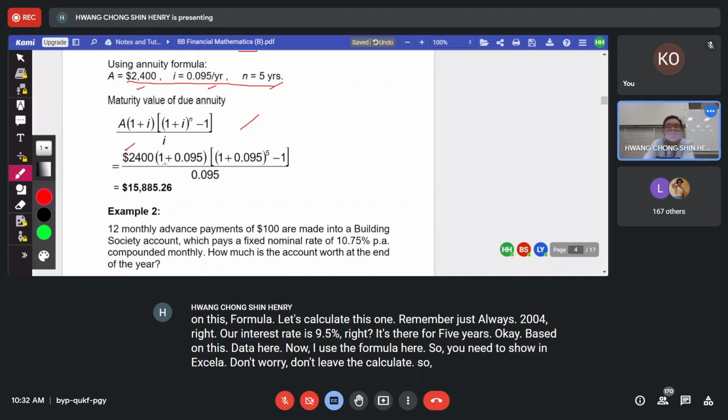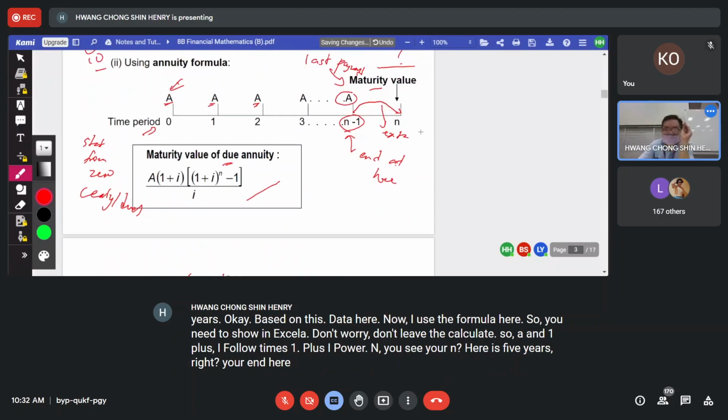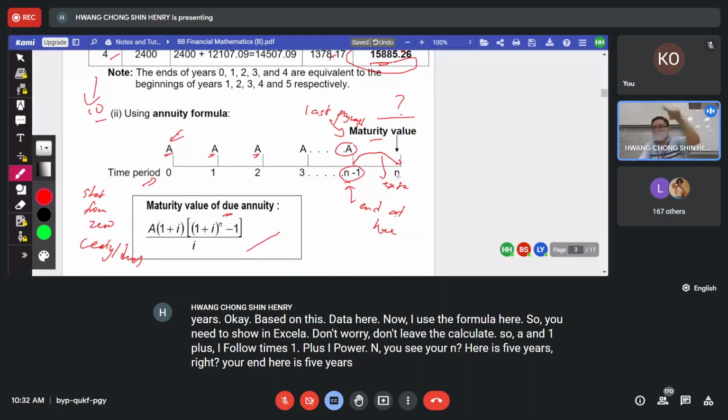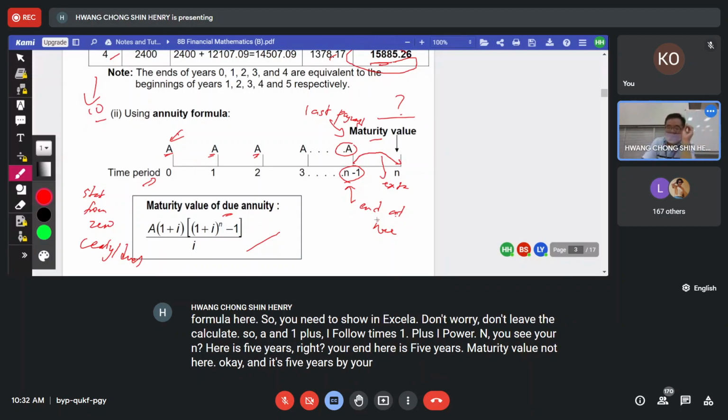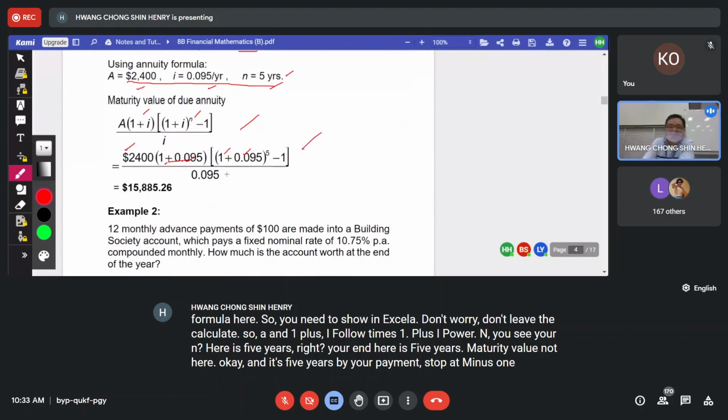So A times 1 plus I, times 1 plus I, power n. You see your n here is 5 years, right? Maturity value, not here, here. N is 5 years, but your payment stop at here. Minus 1 divided by this. You see or not?